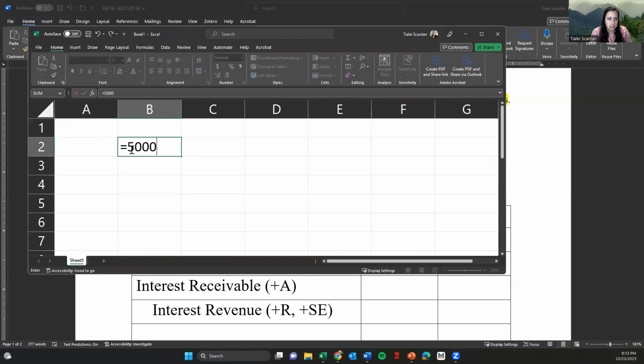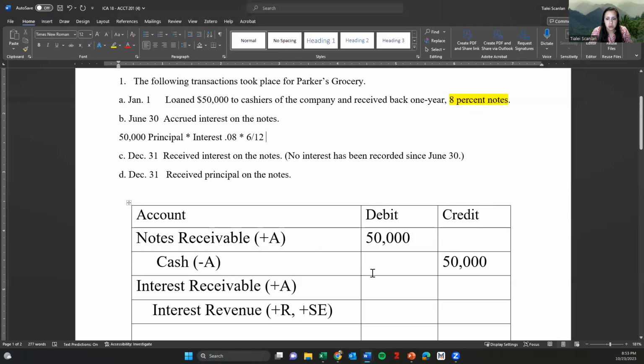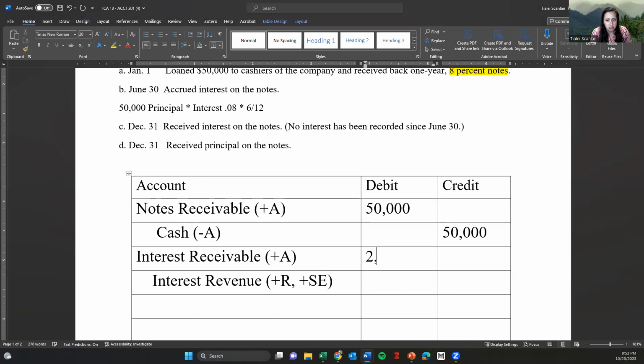And it looks like 2,000 interest over here. 2,000 interest is what's going to be accrued. And remember, that was our calculation over there.